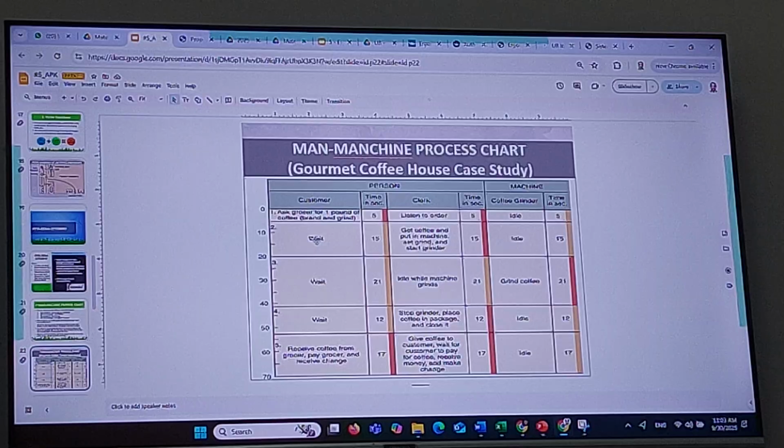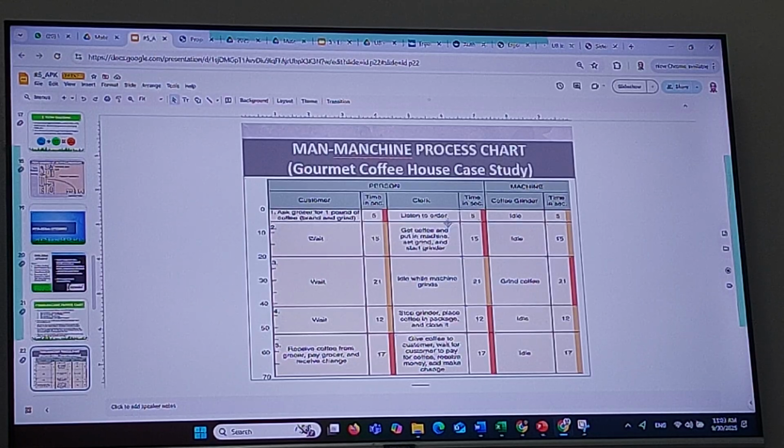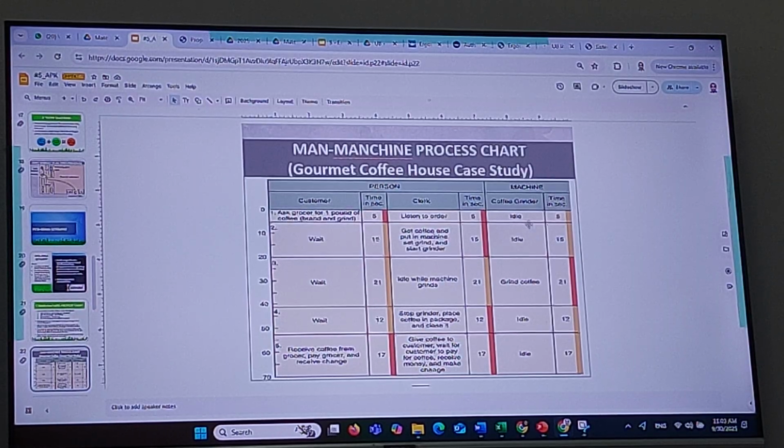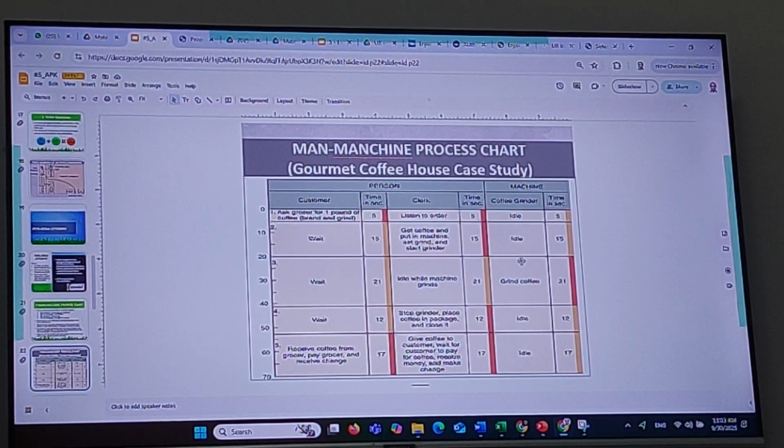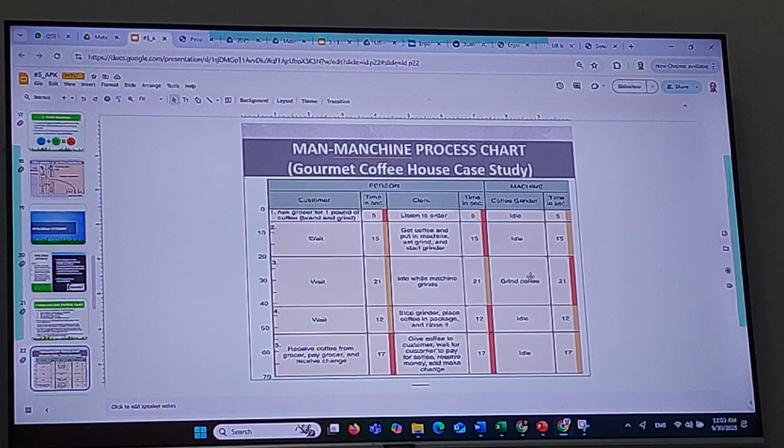At the time the customer is waiting, the clerk gets coffee and puts it in the machine, sets grinding and starts the grinder. And also when the operator or the clerk sets the grinding, the coffee machine is grinding. And then when the machine is grinding, the operator is idle.